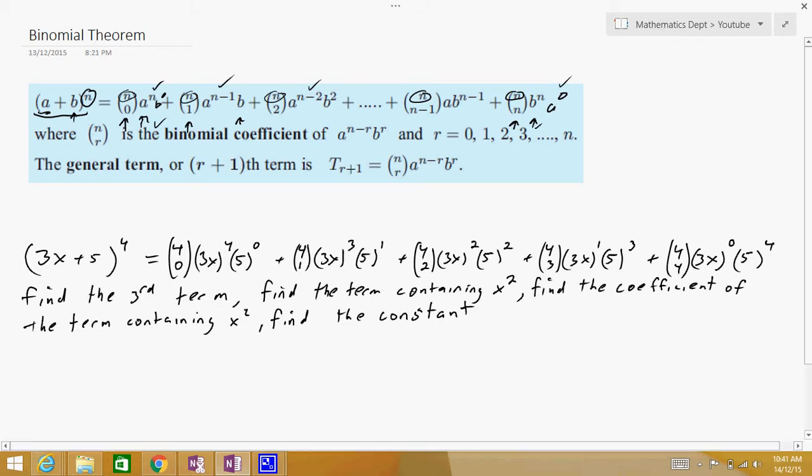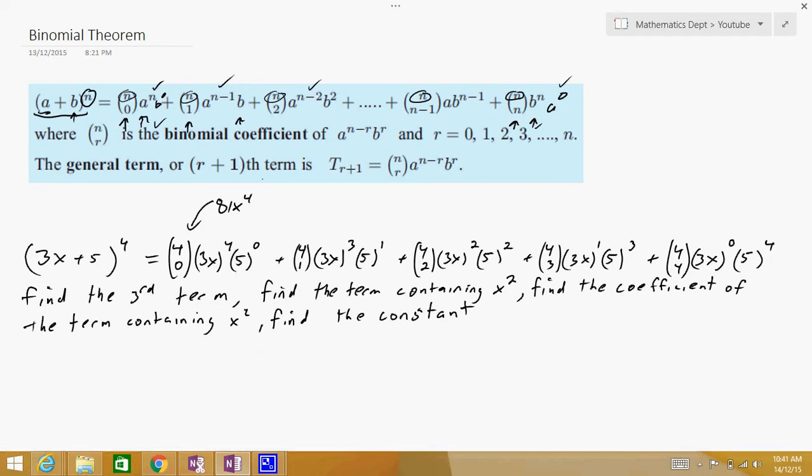So for instance, all of these that are separated by pluses are all called terms. The numbers in front of your x values are called the coefficient. So if this one was 81x to the power 4, your coefficient is the 81.